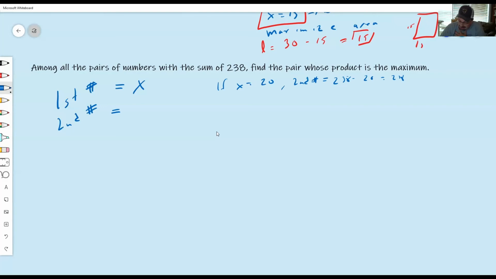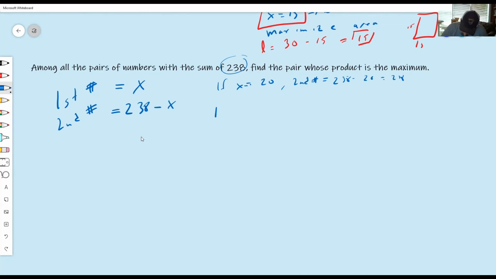I'm just making this up, right? If x was 20, then it's going to be 238 take away x value of 20. So here it is. I don't know what x is, but x. The first plus second number has to add to 238. So if I know that one number is x, then the other one has to be 238 plus, not plus, minus x.